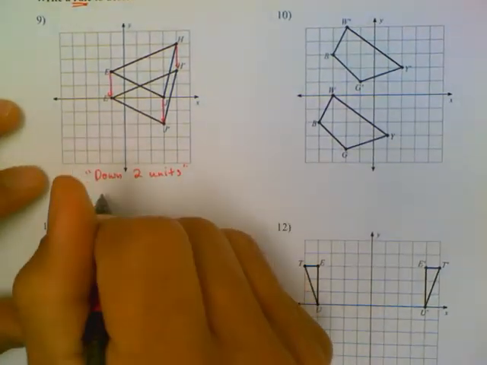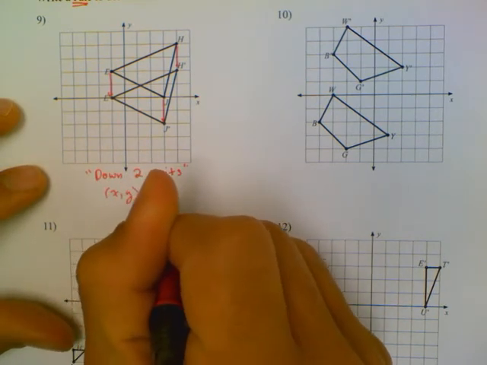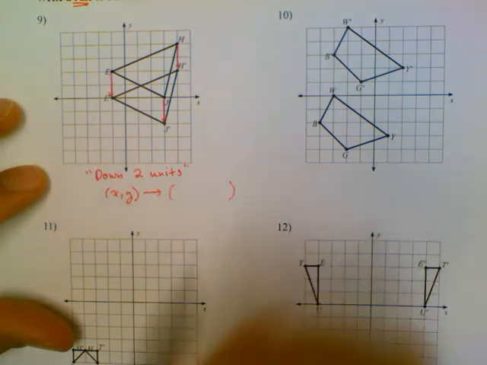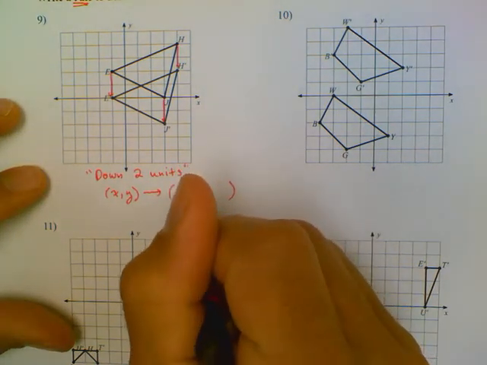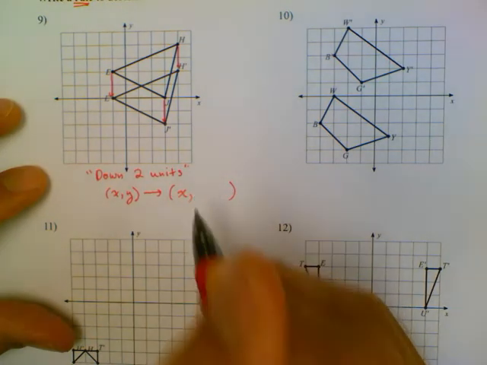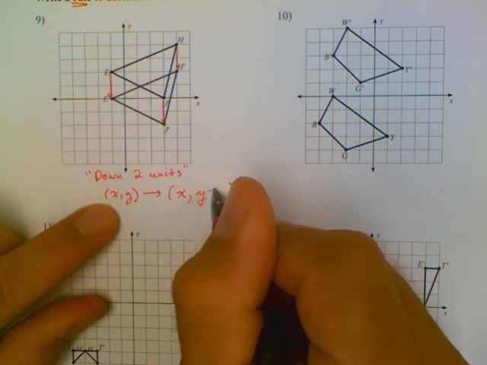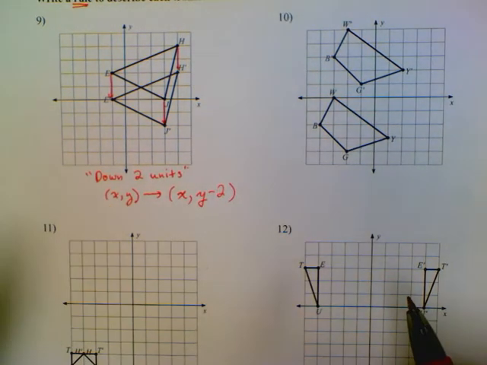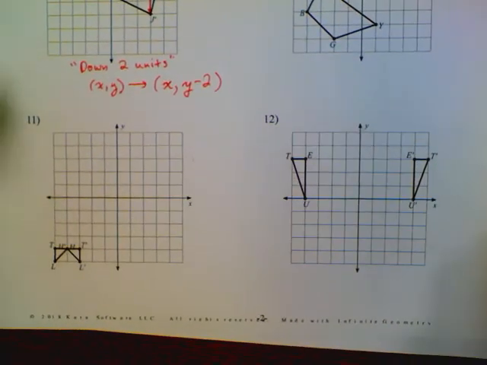So I need to convert every x, y into, well, nothing happened to x. I didn't move it right or left, so x is going to stay the same. Now every y value I move down 2, and the way you move down 2 is you subtract 2. All right, see what you can do with number 10 then. And then we'll look at 11.